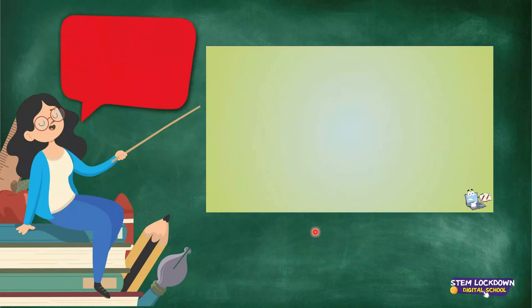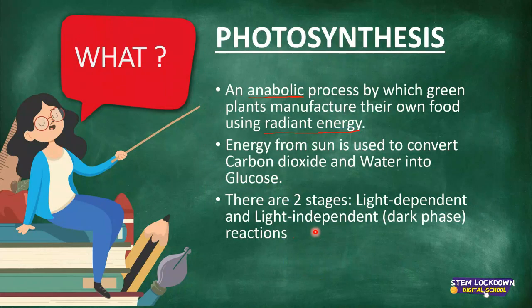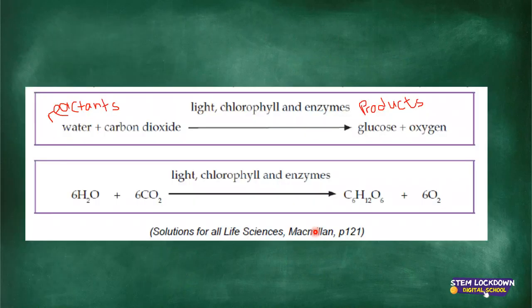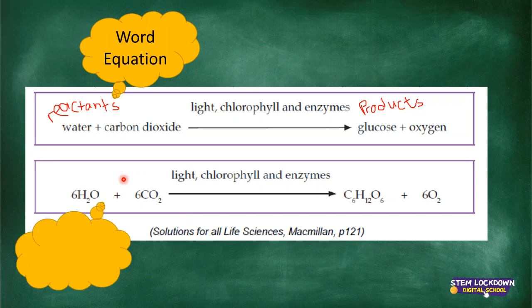And the video that did not play, we spoke about photosynthesis. I told you that it is important to know the definition of photosynthesis. We also got to the equations, the word equation and the chemical equation. Like I said yesterday, these two equations are very important.